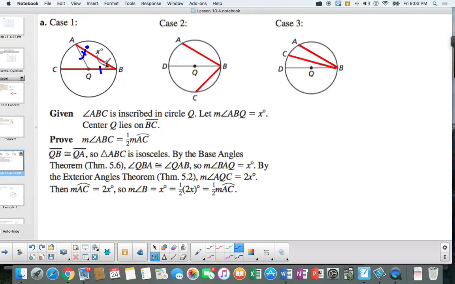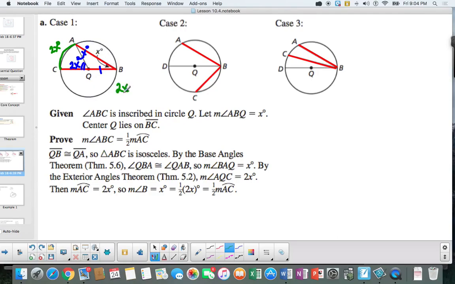Now, from last semester, we learned that an exterior angle, and this is an exterior angle, is equal to the sum of the non-adjacent angles. So this is going to be 2x degrees. Now, that tells us that this measure right here is the same as the central angle, which is 2x degrees, and the inscribed angle is x.